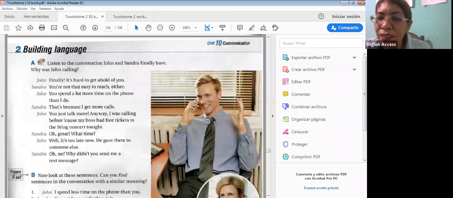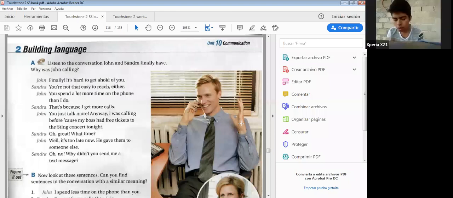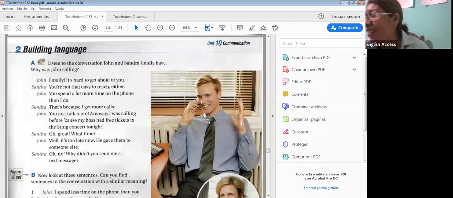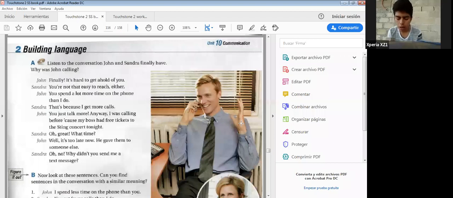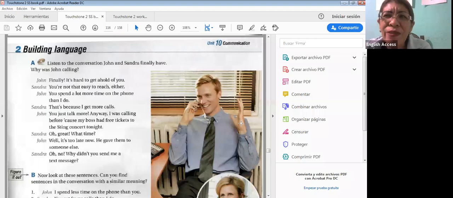I want to listen to the reason why. Are they going to the concert tonight? If you say yes, why? If you say no, why not? It is too late now. Okay, it's a simple question. It's very easy. Are they going to the concert tonight? Yes or no? And tell me why.